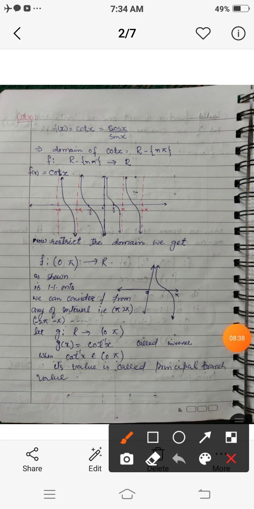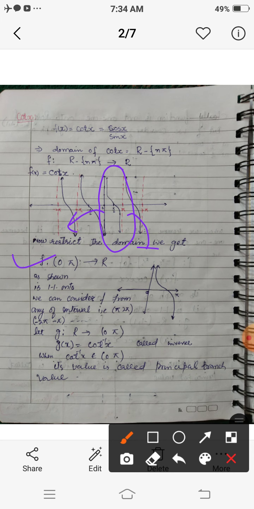Now we restrict its domain to the open interval 0 to π. Why are we considering only the open interval, not the closed one? This is the reason: at the endpoints of this interval, the value is not a finite number, it is infinite. That is why we have to consider this open interval.